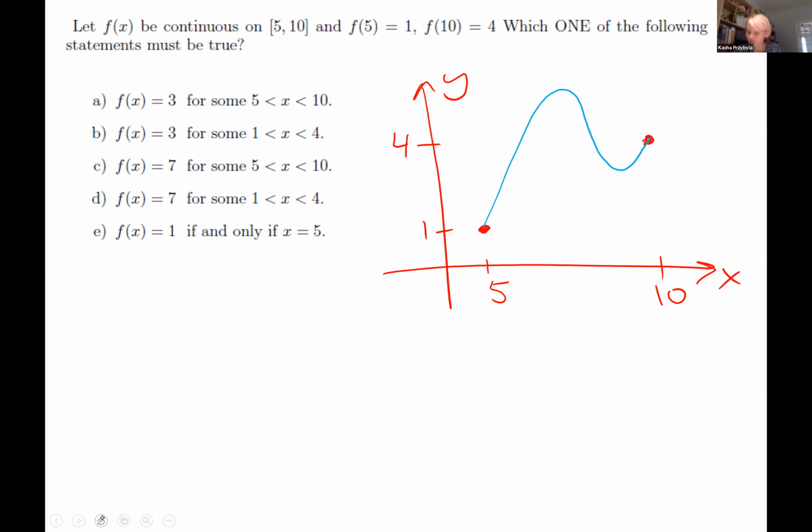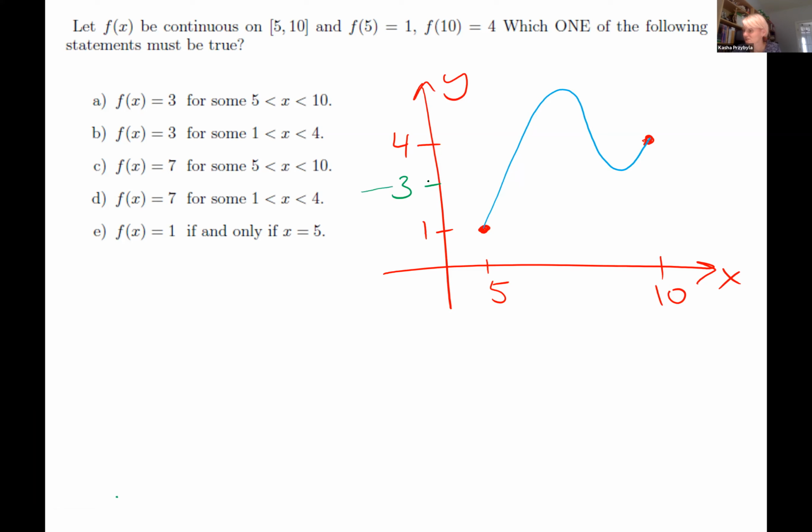And now let's read the statements. f of x equals 3. That means the value of the function equals 3 for some x's between 5 and 10. That means 3 is here, between 1 and 4.